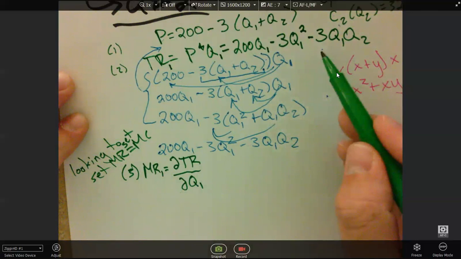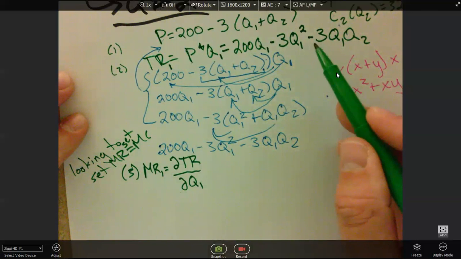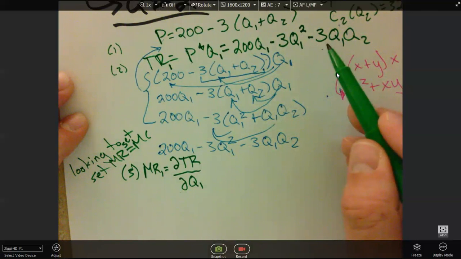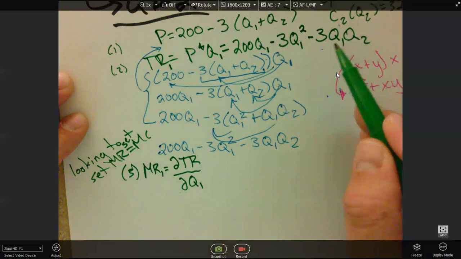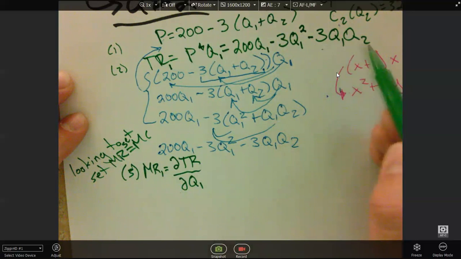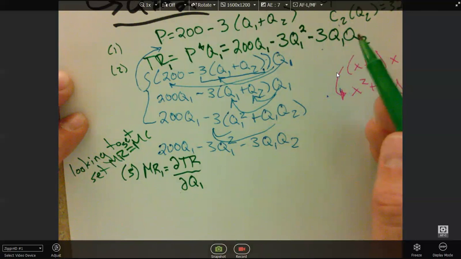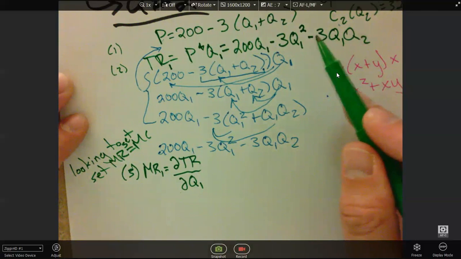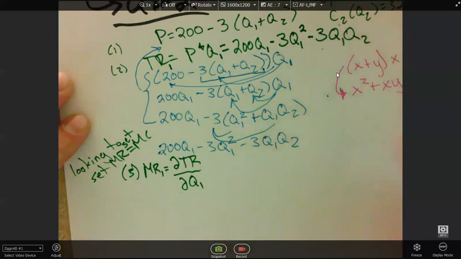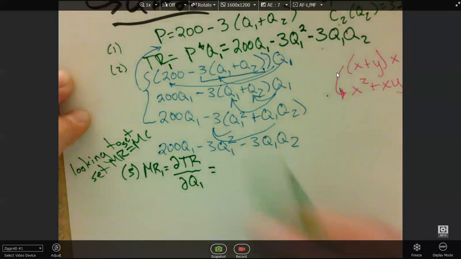So this is just -3, which is another constant, times this constant times Q1. So when we take the derivative of this last term, it's essentially just like taking the derivative of -3 times Q, but we have this extra little thing here. So instead of it being -3, it's just -3 Q2 for that last term. We'll get there. Let's do it one at a time.